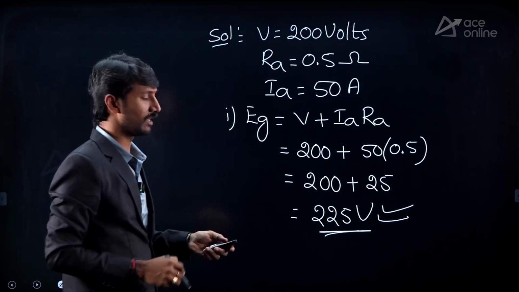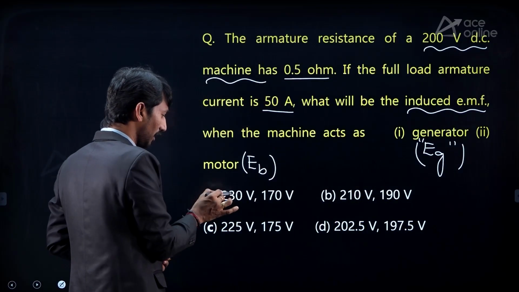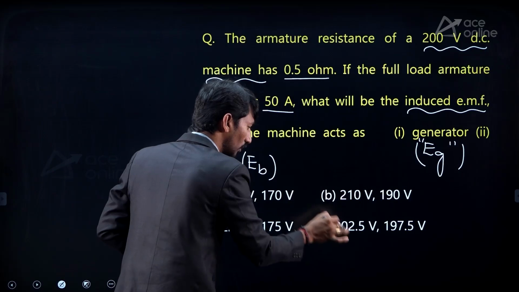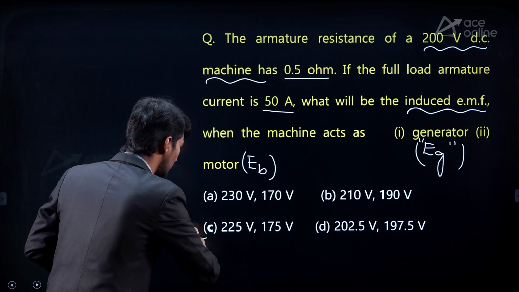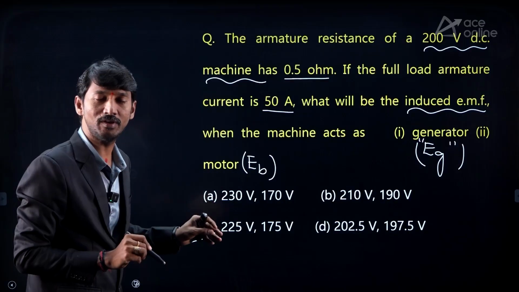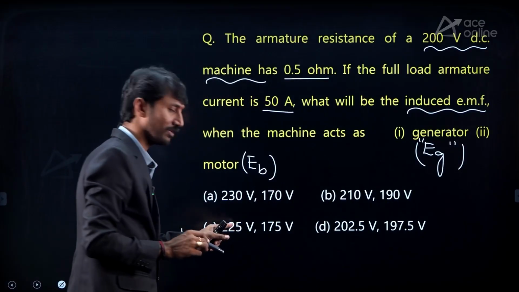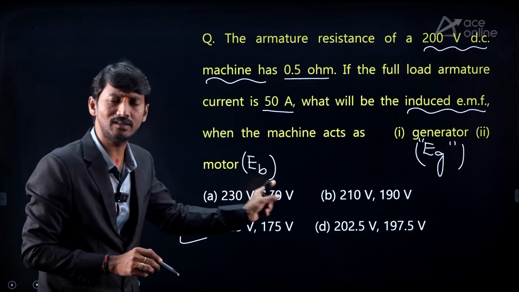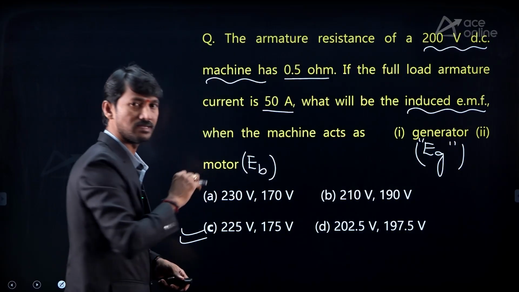Which one? Generating voltage. Now check it here. In all these options, luckily 230, 210, 202.5. So the answer is 225. Only one option is there. Go for it. In that way, you need to save time. Suppose more than one option has 225, calculate the other thing. Otherwise, simply eliminate the options and the answer is this.